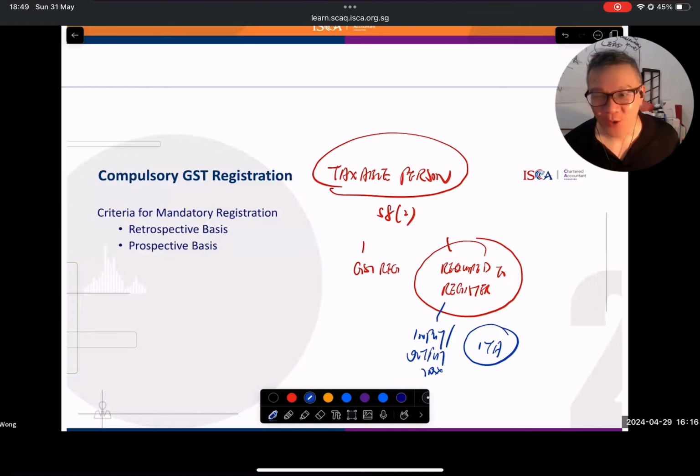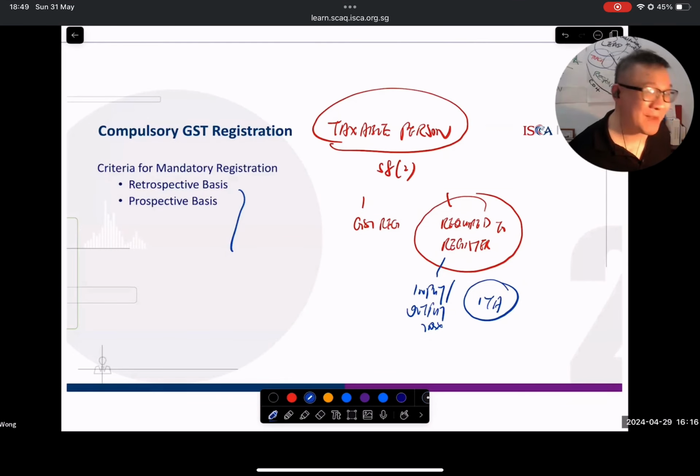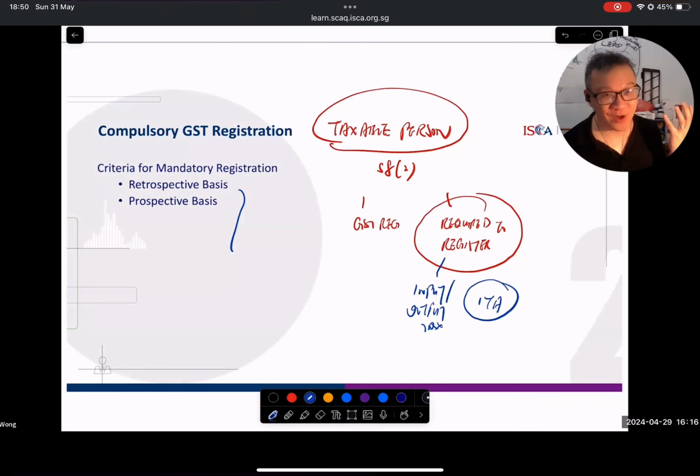Okay, so another thing to take note of is the prospective and retrospective basis of GST registration. Retrospective, as you may know, is looking backwards. So since, let me just figure out correctly, 1st of Jan 2019, if I'm not wrong.